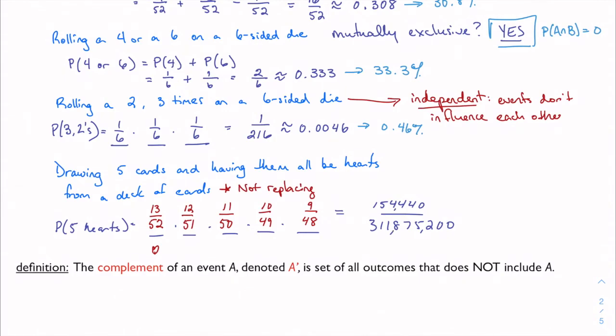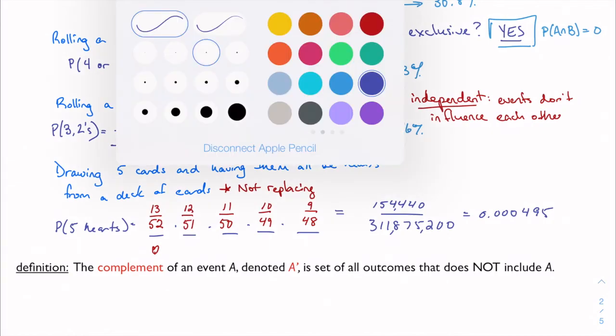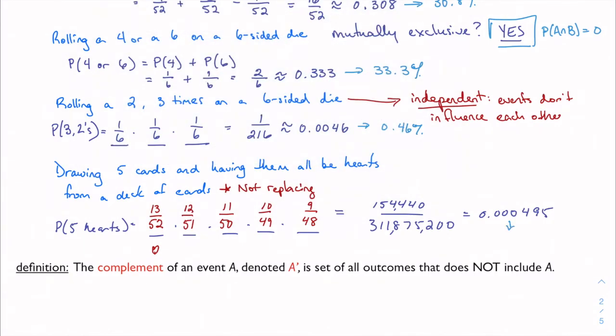So if I take these 2 numbers and divide them, I get some more scientific notation. And if you want to see this as a percent, 0.0495%.